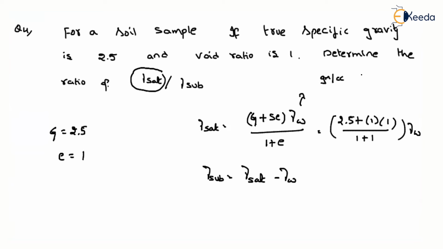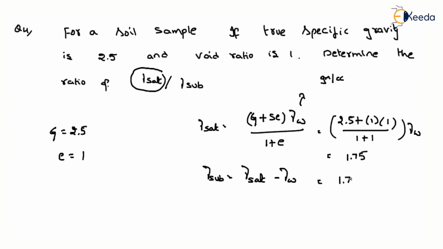We all know the weight density of water is nothing but 1000 kg per meter cube. To ease the calculation, let us consider gram per cc. That means if you are taking 1 centimeter cube of volume and it is filled with water, it has a mass of 1 gram. So if I solve this, I get around 1.75.